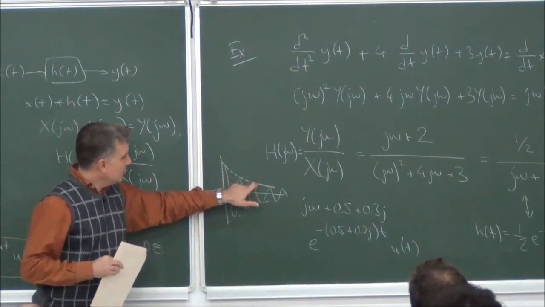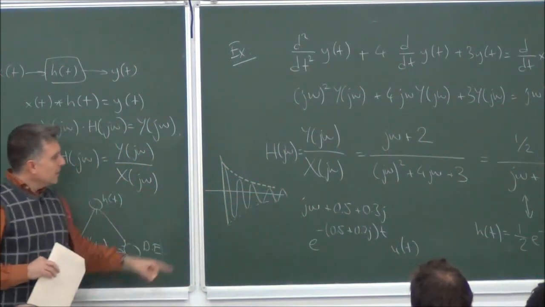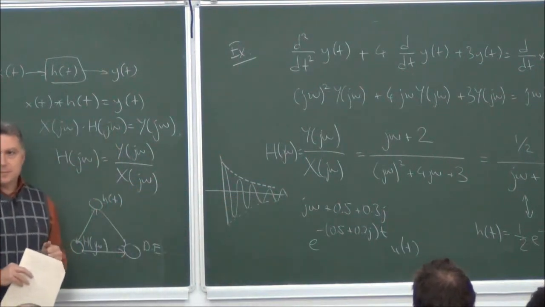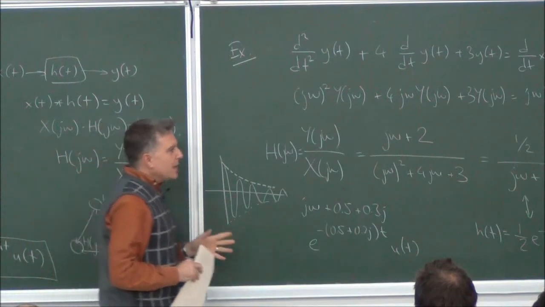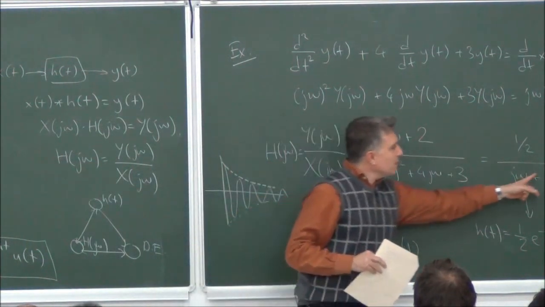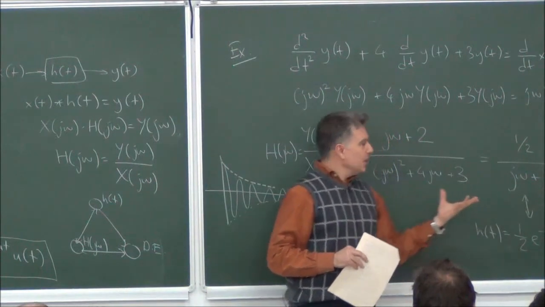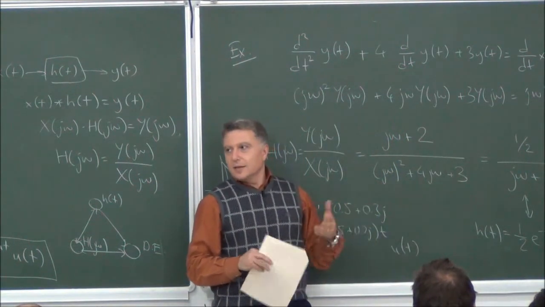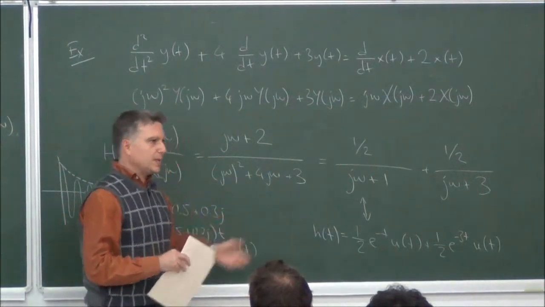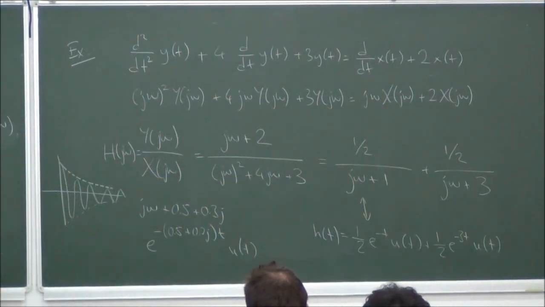So the result will be this decaying or damping sinusoid. So don't be scared of observations which produce something complex here. That's possible because this is a quadratic formula, and a quadratic formula can easily have a complex root or two complex roots like this.